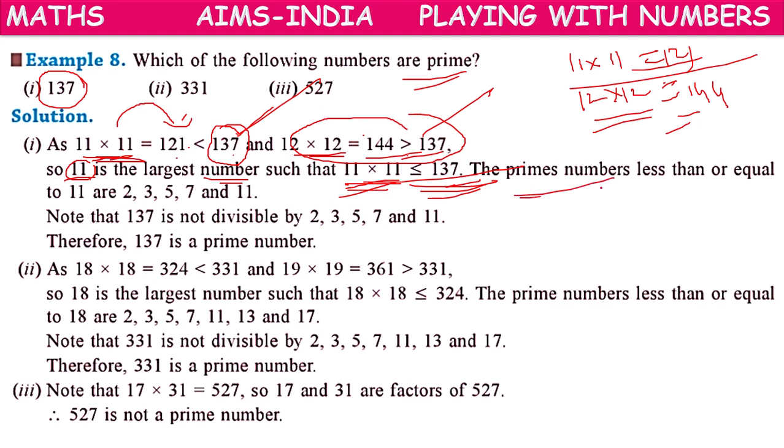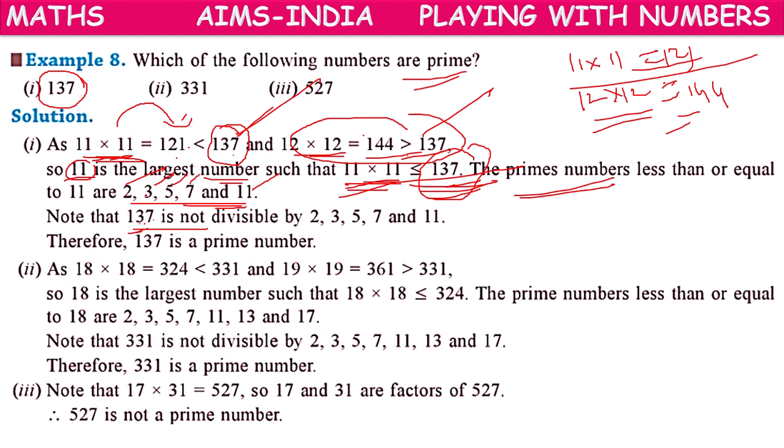So the prime numbers less than or equal to 11 are 2, 3, 5, 7, 11. These 5 are the prime numbers less than or equal to 11. We have to check whether 137 is divisible by any of these numbers or not, according to the divisibility rules. 137 is not divisible by 2, because in the units place we have 7.